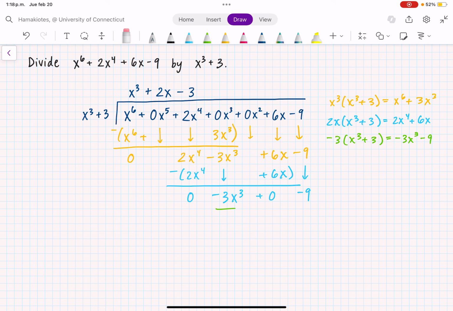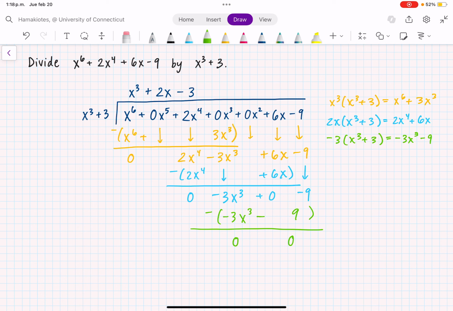So now I can subtract that: minus 3x cubed minus 9. So minus 3x cubed minus minus 3x cubed is the same as minus 3x cubed plus 3x cubed, so that's 0. Then I have minus 9 minus minus 9, which is minus 9 plus 9, which is also 0. So there are no remainders.